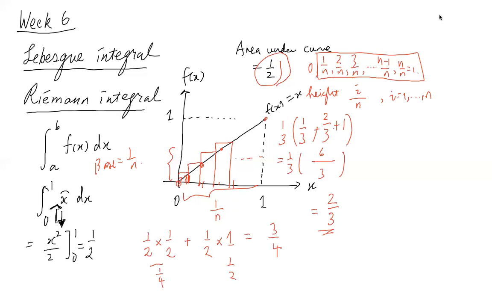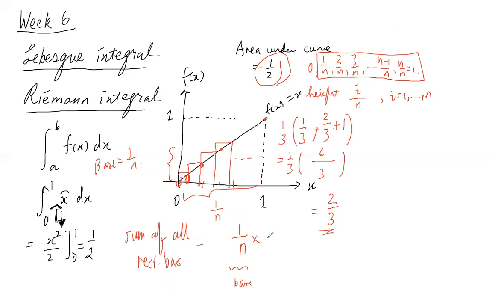So this means that the sum of all rectangular bars will be equal to the base times the height. The general height is i over n, and you sum over all the i's, from 1 until n.